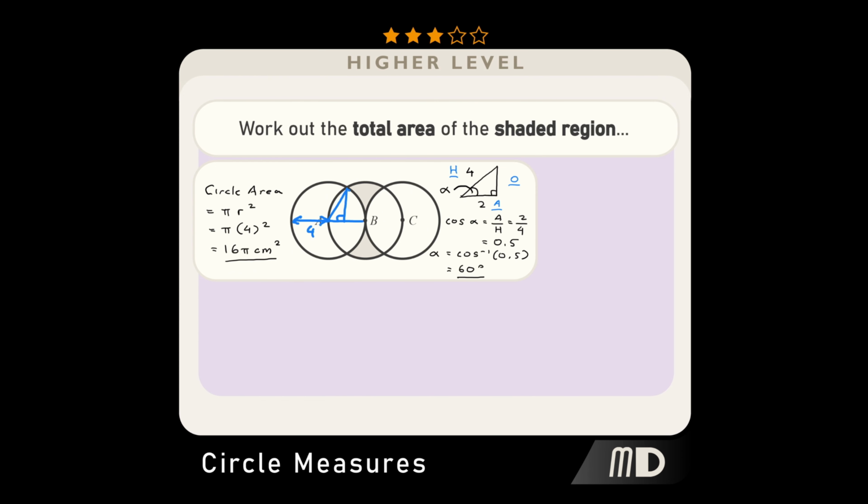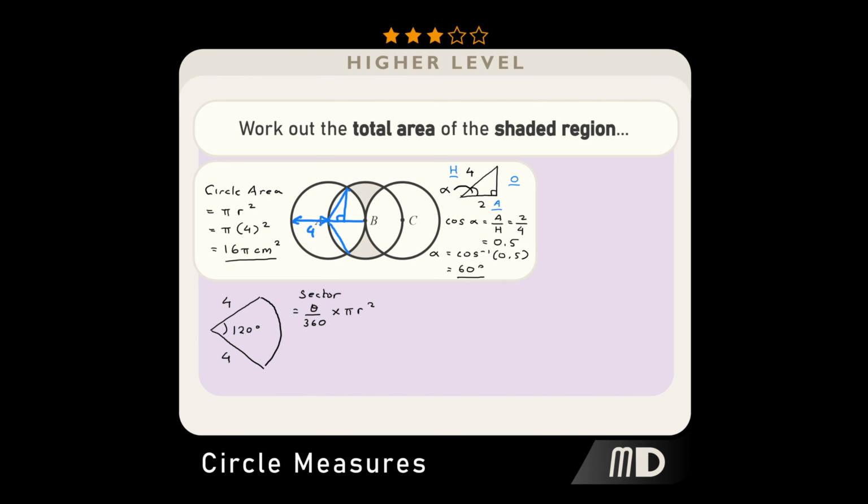By forming a sector of a circle, where the angle formed at the center is double 60 degrees, which is 120 degrees, we can calculate the area of the sector by using the formula: area equal to theta divided by 360 multiplied by pi r squared, where r still has the value 4 and theta is 120.